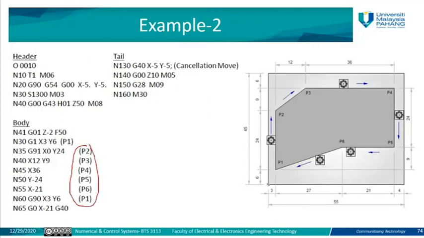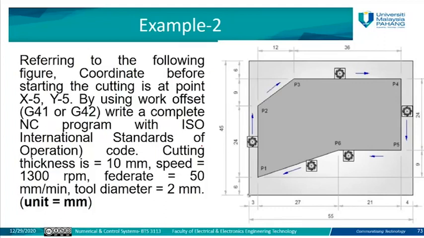So as we can see here, starting from P1, first is G01 for Z -2 at feed rate 50. So you go on top of the workpiece with a depth of -2, because the depth is -2 here.